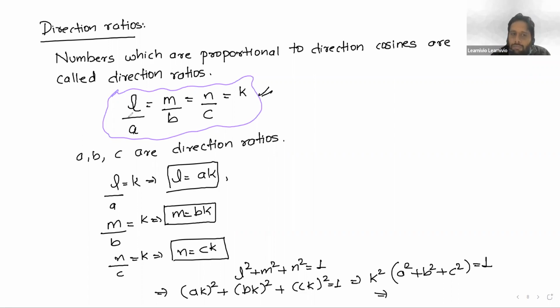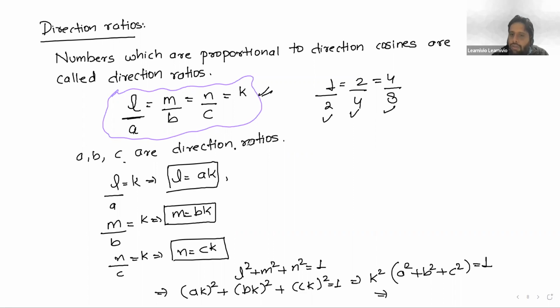That means if you have numbers which follow this relation, for example, L is 1, this is 2, this is suppose 4, this is 2, this is 4, and this is 8, then these 2, 4, and 8 are called the direction ratios. So these A, B, C are the direction ratios.